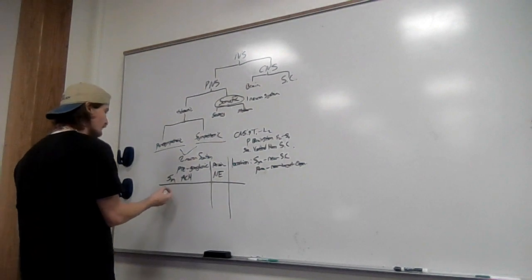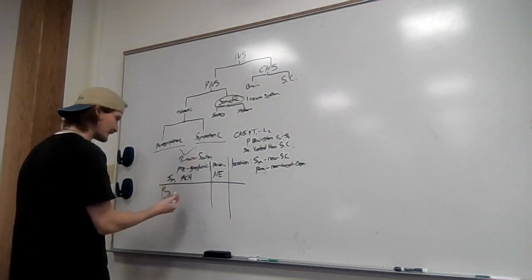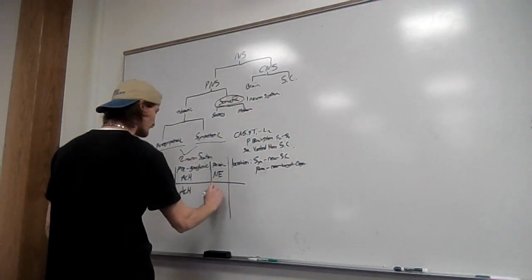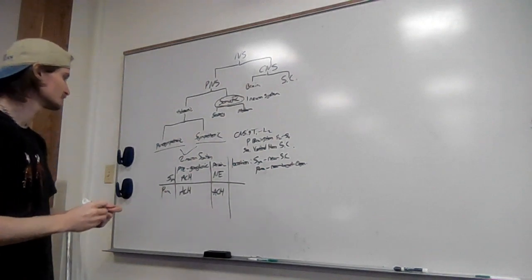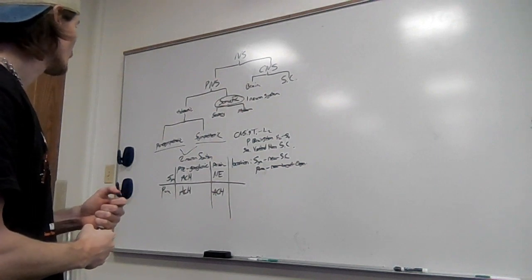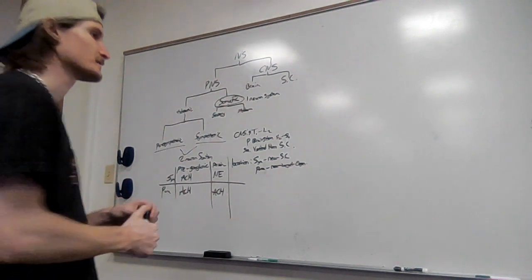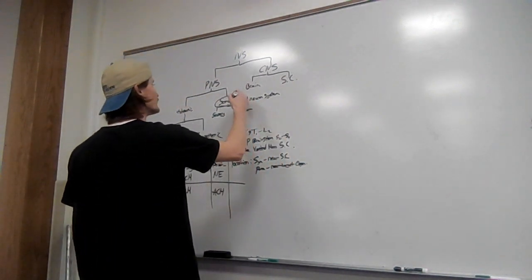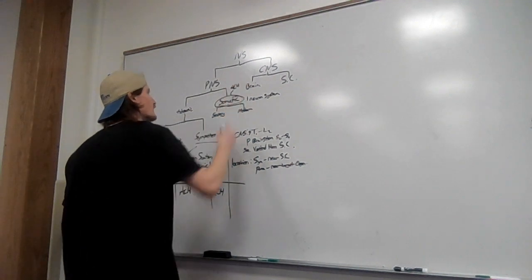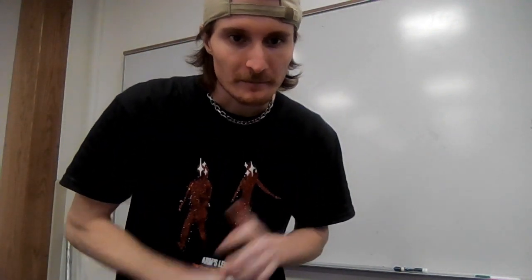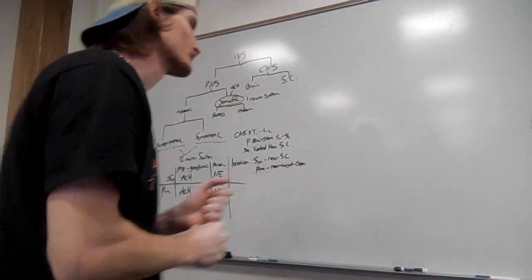For our parasympathetic system, it's going to give off ACH for both pre- and post-ganglionic. I didn't do the somatic. The somatic is just going to give off ACH as well, for the neuromuscular junctions and the skeletal muscles.